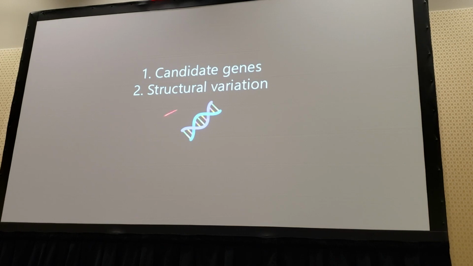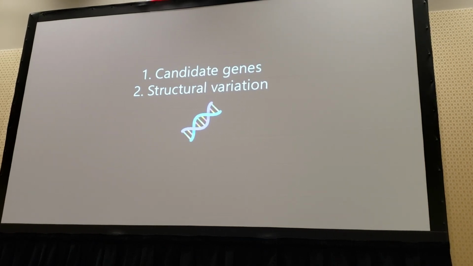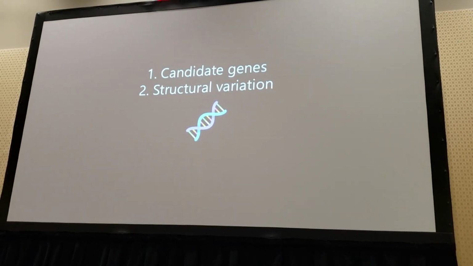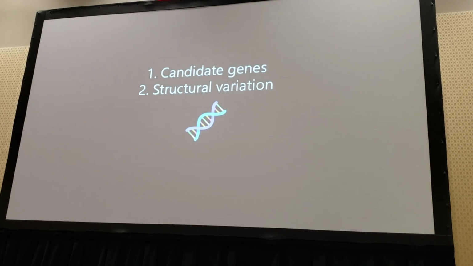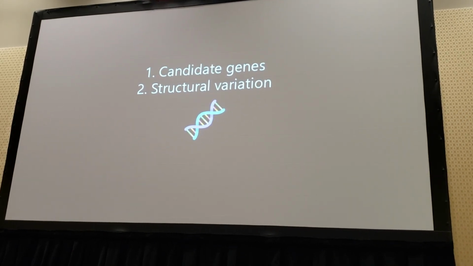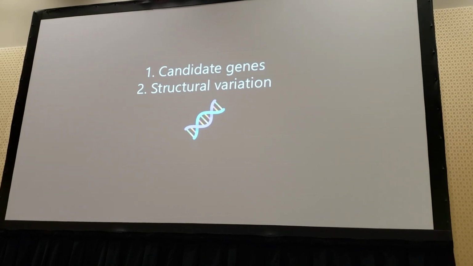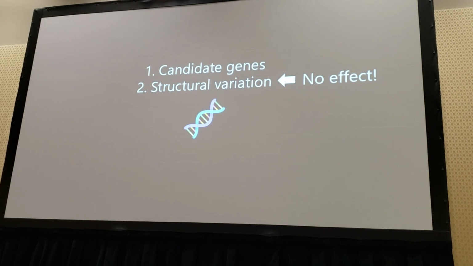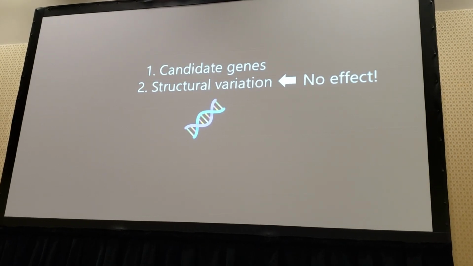Basically, the idea here is things like large inversions or undetected inversions or potentially deletions. Any kind of region of non-homology that exists between the tester line and our isolines could be contributing to this. We did a bunch of PacBio sequencing to look at that, but basically we found no effect of any structural variation. But I can talk to you guys about that after if you're interested.